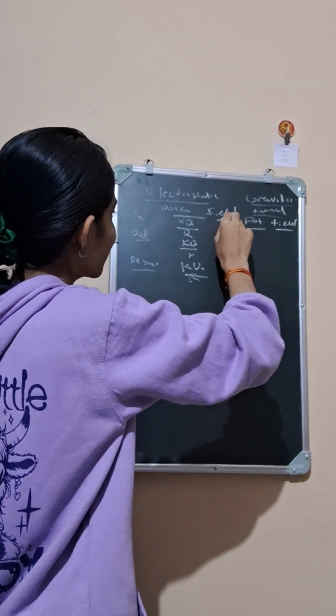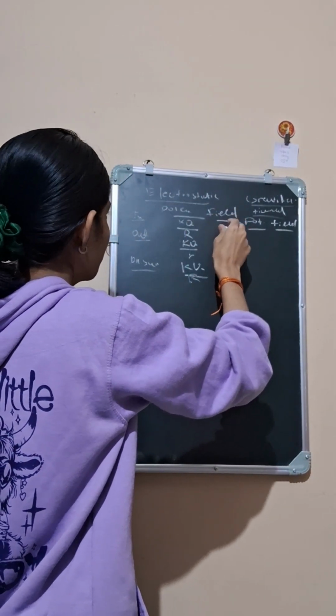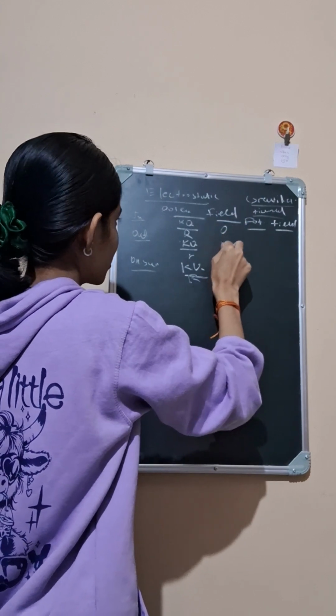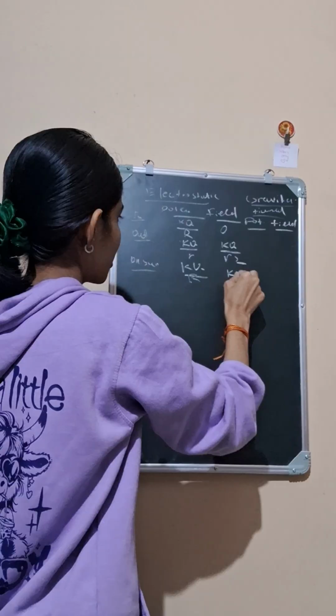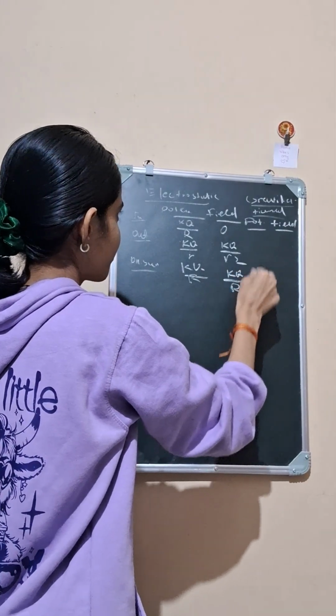So here the electrostatic field inside will be equal to 0, outside will be equal to kq by r square, and on the surface kq by capital R square.